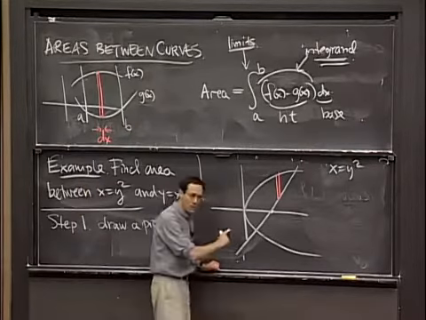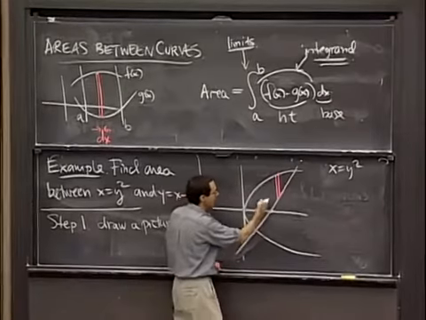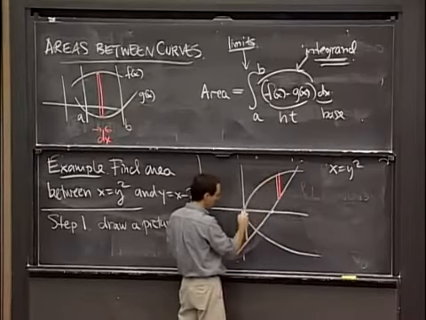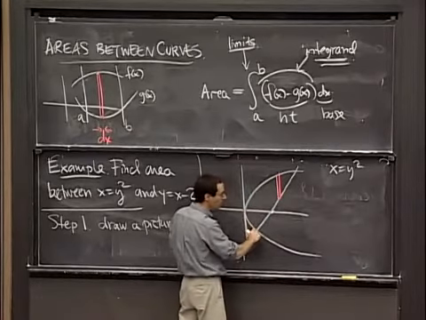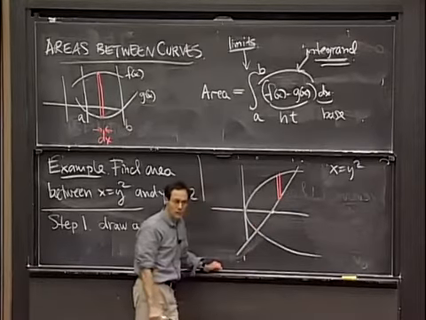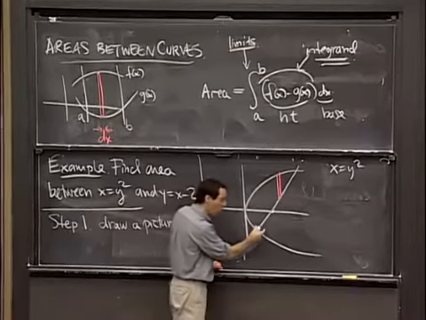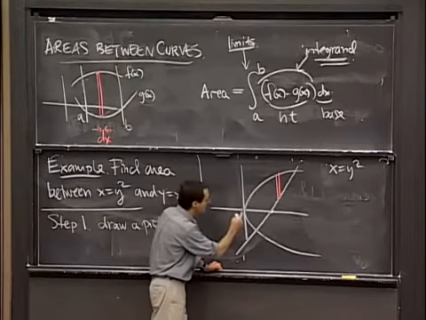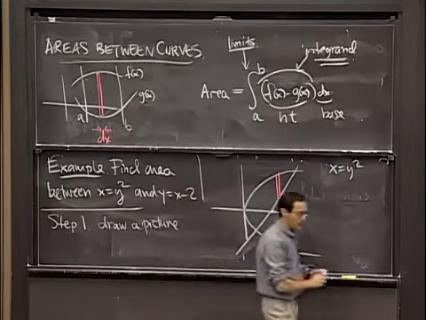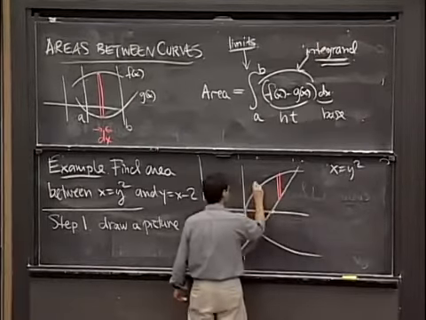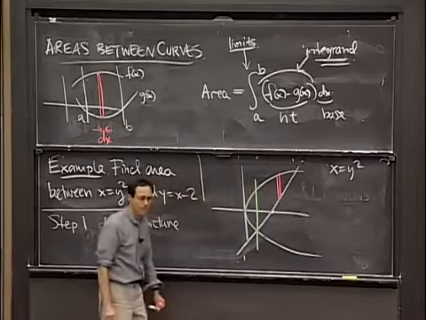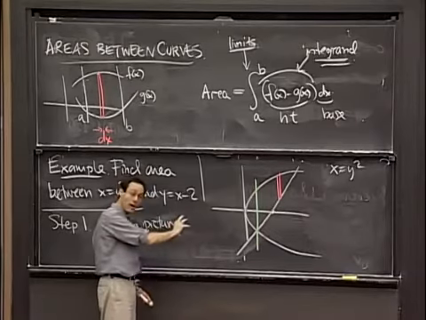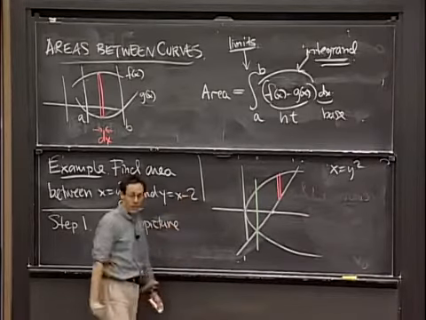Now, here's the difficulty with that. The upper curve here has one formula, but the lower curve shifts from being part of the parabola to being part of the straight line. That means that there are two different formulas for the lower function. And the only way to accommodate that is to separate this into two halves. I'm going to have to divide it right here. So we must break it into two pieces and find the integral of one half and the other half.